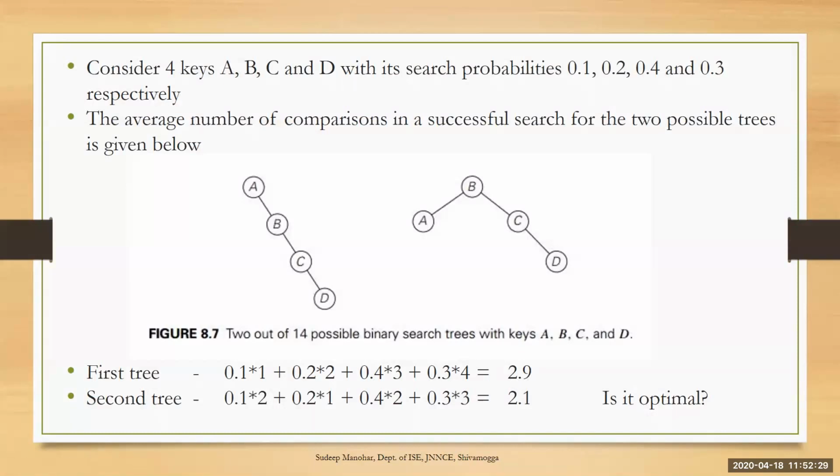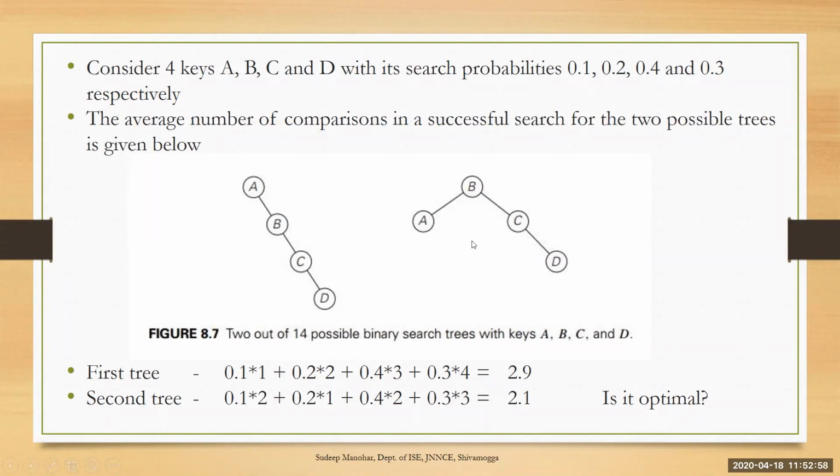Keep this aside. Take the second tree. The probability of A is 0.1, and how many comparisons are required for A? 2 comparisons: one at the first level, B, and one at the second level, into 2. Plus 0.2, B's probability, into 1, because B needs only 1 comparison.